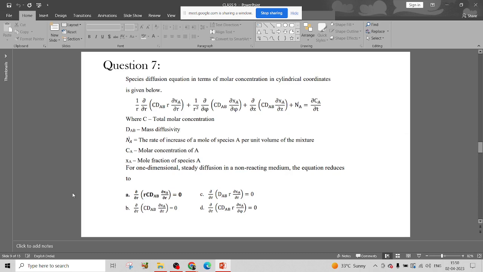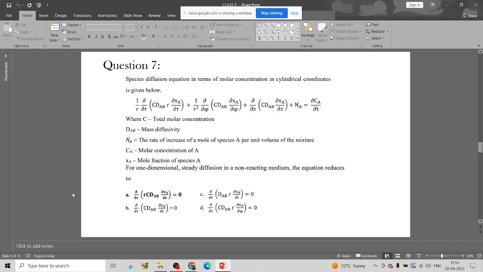The species diffusion equation in terms of molar concentration is given. C is the total molar concentration, DAB is the mass diffusivity, NA is the rate of increase of moles of species A per unit volume of the mixture, that is, the rate of reaction, CA is the molar concentration of A, and X is the mole fraction of species A. For one-dimensional steady-state diffusion in a non-reacting medium, the equation reduces to what?